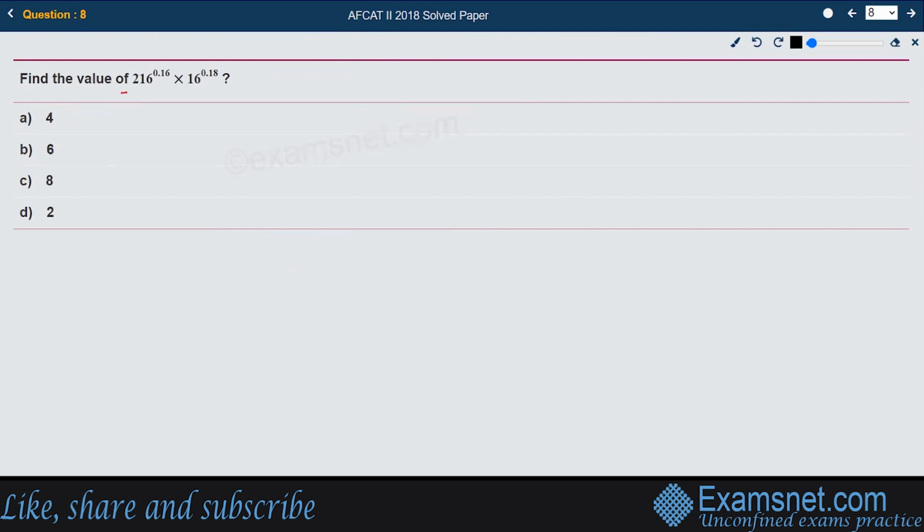Find the value of 216 to the power 0.16 and 16 to the power 0.18. So it is 256, not 216, to the power 0.16 into 16 to the power 0.18.